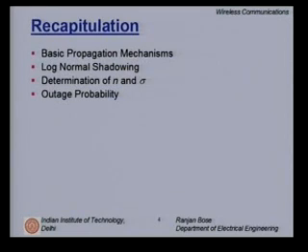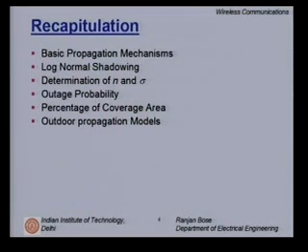Then we looked at outage probability followed by the percentage of coverage area. The percentage of coverage area is a probabilistic term which we can calculate based on a certain log normal shadowing formula. Then we moved on to outdoor propagation models.